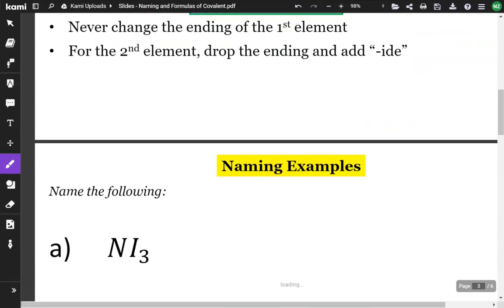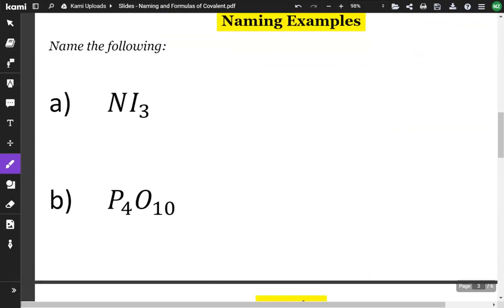All right, let's move on to an example here. We have nitrogen and we have iodine. There is only 1 nitrogen, but remember, we don't start our first word with mono, so this would just be nitrogen. And then we have 3 iodines.